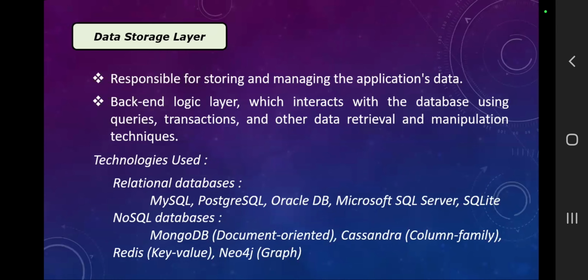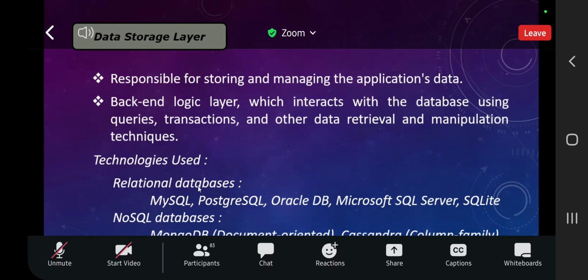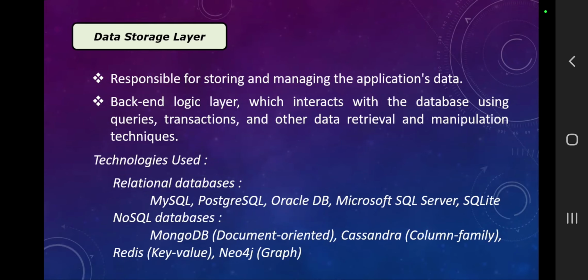So for example, if I store the data in table format simply, like row and column, that is called a relational database. You have one subject in your DBMS paper.